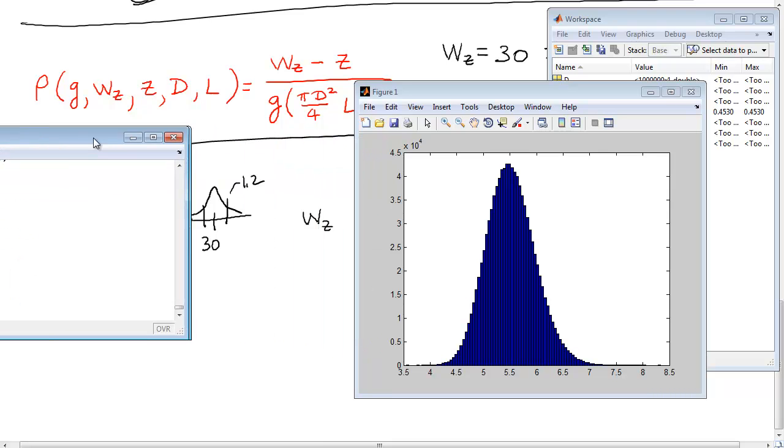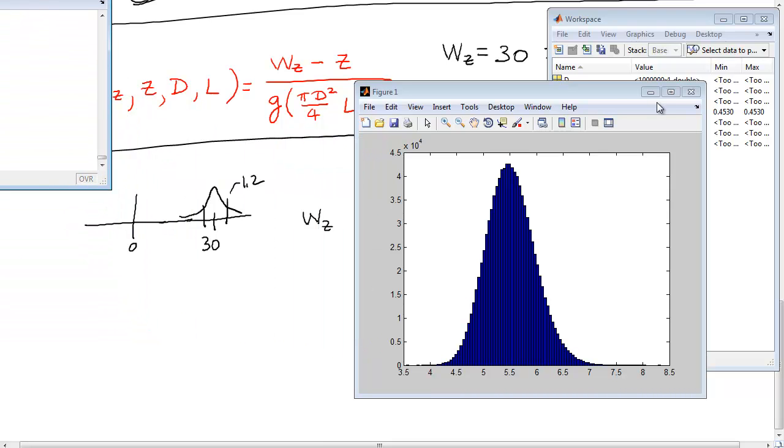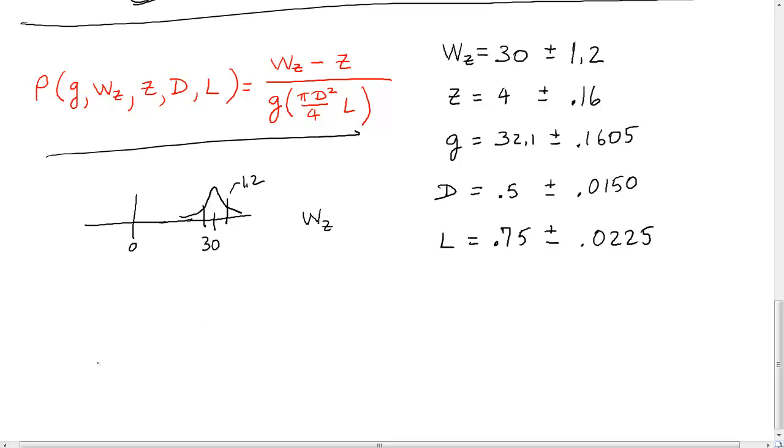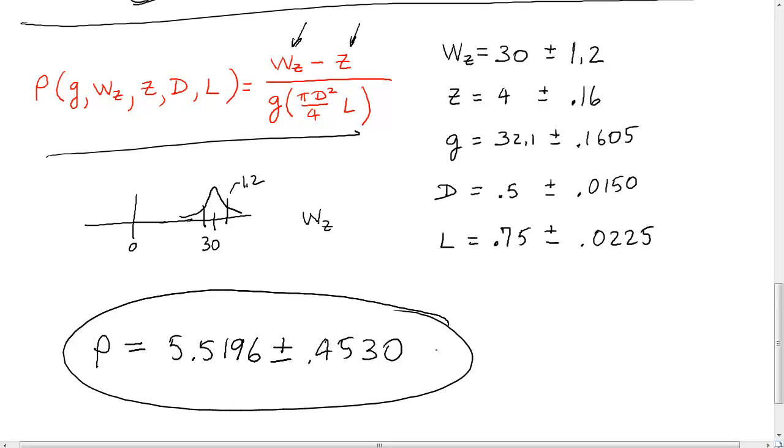So according to this, let me slide it over so I can copy it out. According to this, row, if I just shove distributions into here, ends up with 5.5196 plus or minus 0.4530.